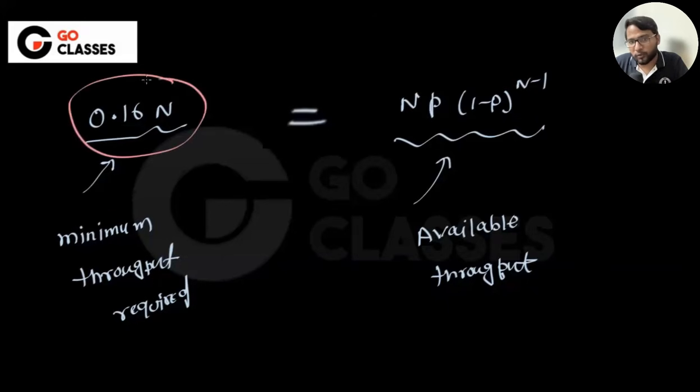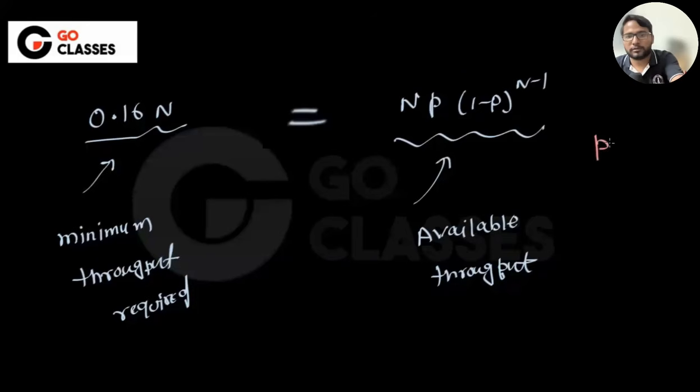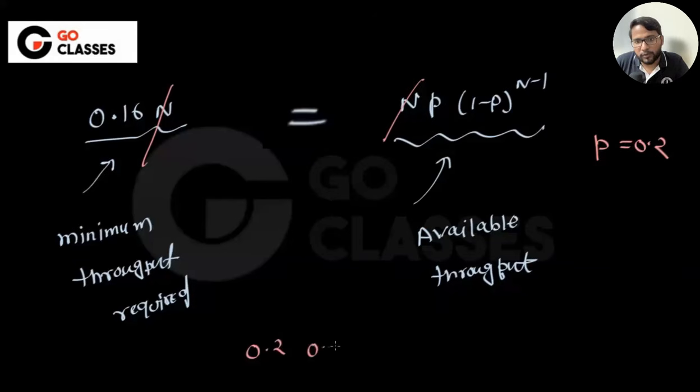I'm looking for what should be this n. The probability is given to you, which is 0.2, so this n will get cancelled out. Then you will say that p, which is 0.2, into 0.8 power n minus 1 should be equal to 0.16.